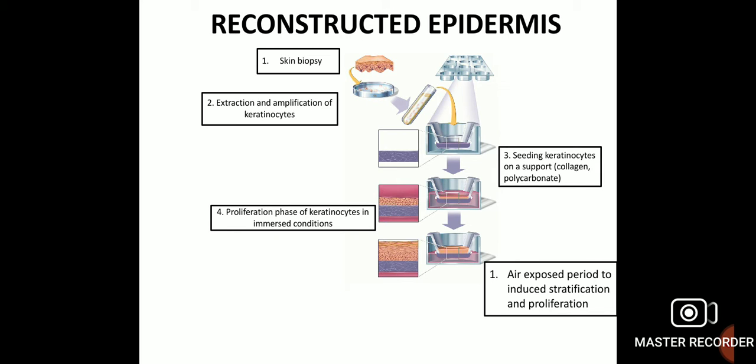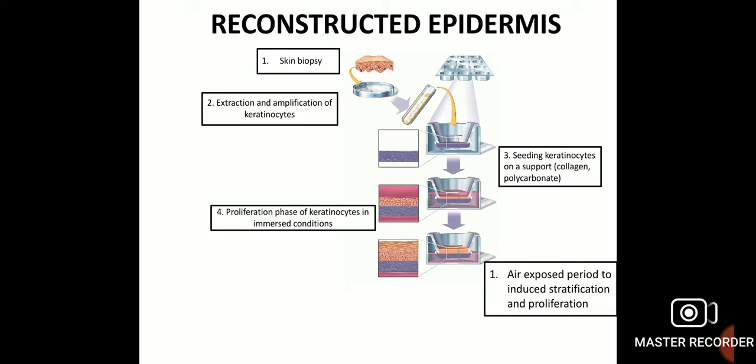So here is the procedure of how you can reconstitute a human epidermal cell model. Here I have shown particularly epidermis reconstitution. You need to take skin by skin biopsy, then extract and amplify keratinocytes, then seed these keratinocytes on a support made of collagen or polycarbonate.